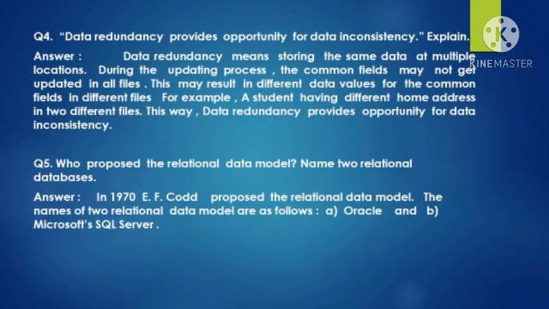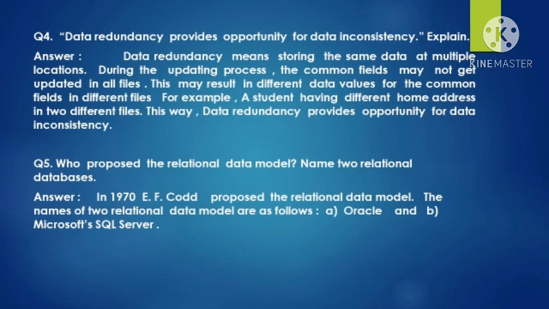Question number 4. Data redundancy provides opportunity for data inconsistency. Explain. Answer. Data redundancy means storing the same data at multiple locations. During the updating process, the common fields may not get updated in all files.